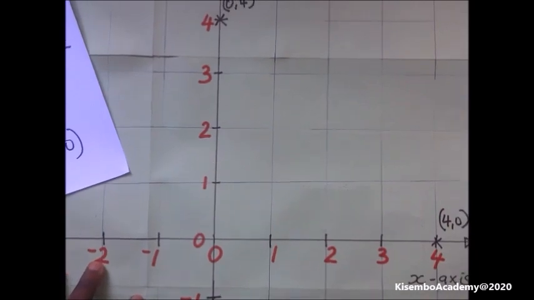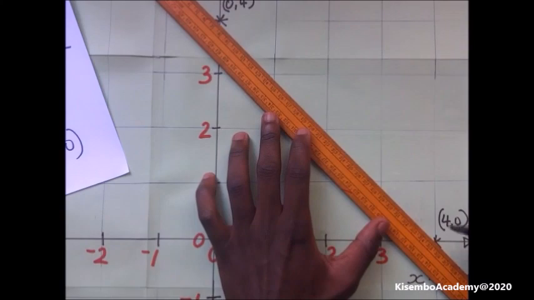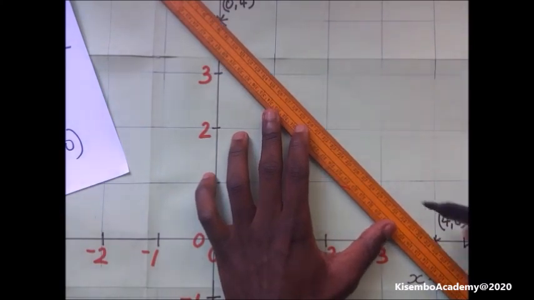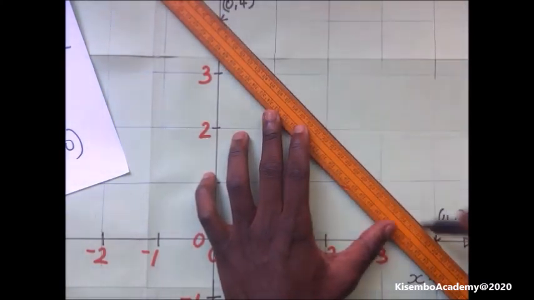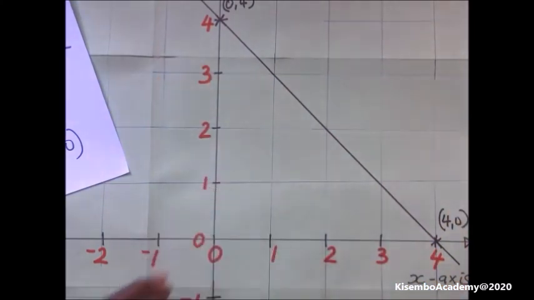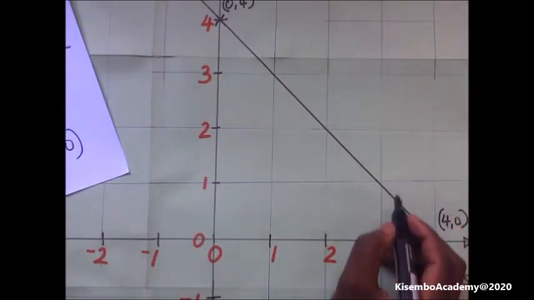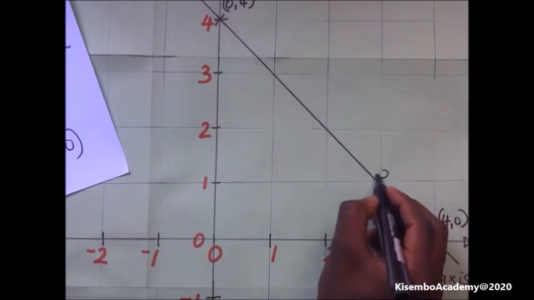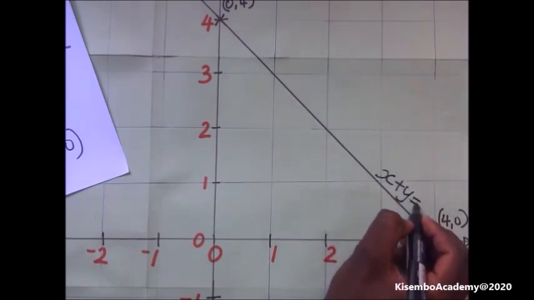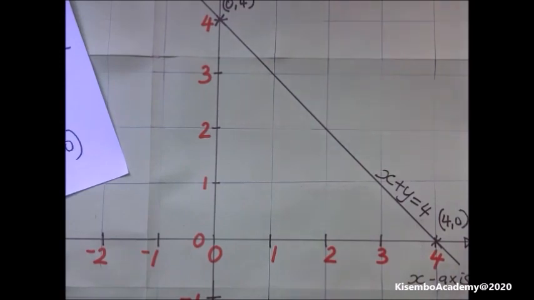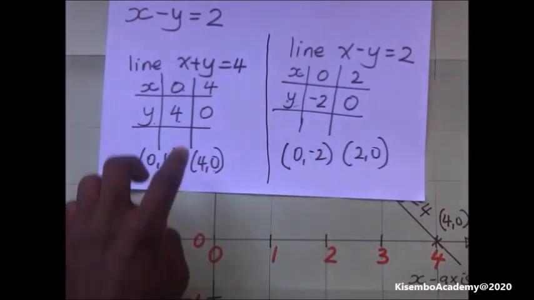From here, we shall connect these two. So that is our line x plus y is equal to 4. We have finished with this line.